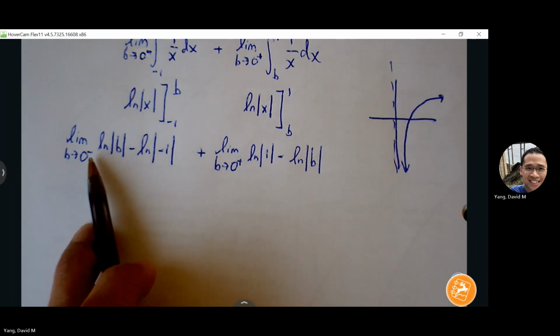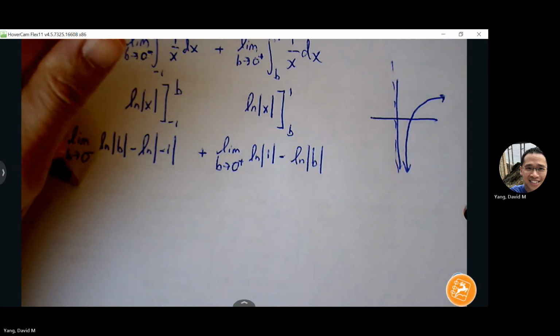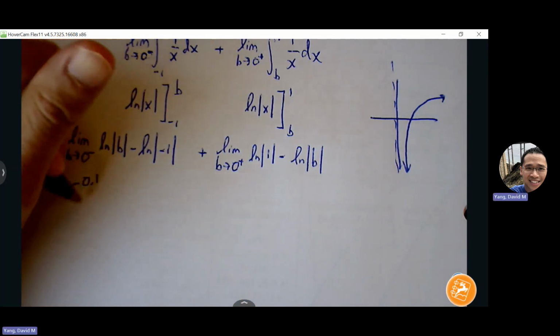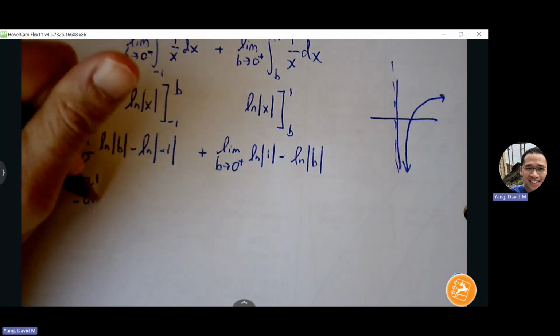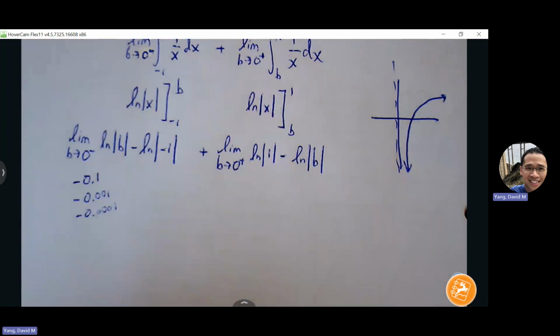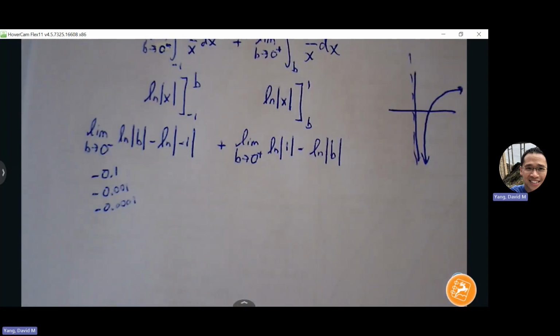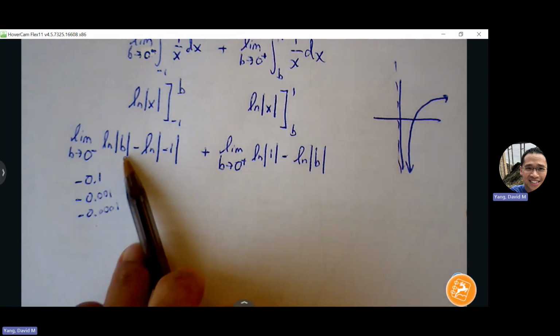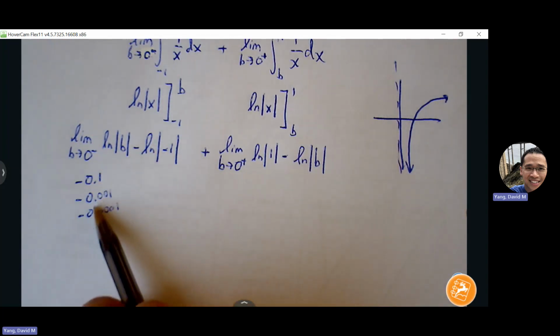So let's pick values. What are values to the left of 0 getting closer towards 0? Negative 0.1, even closer, negative 0.001, negative 0.0001. I'm getting closer towards 0 from the left side of 0. Now, if I plug these negative numbers into the absolute value, what's going to happen to these values?